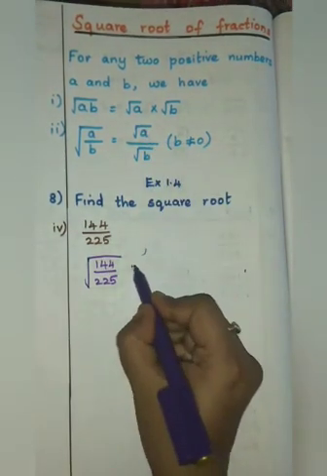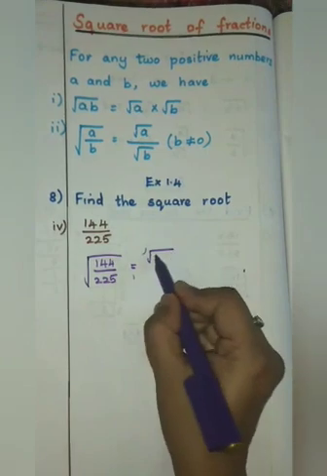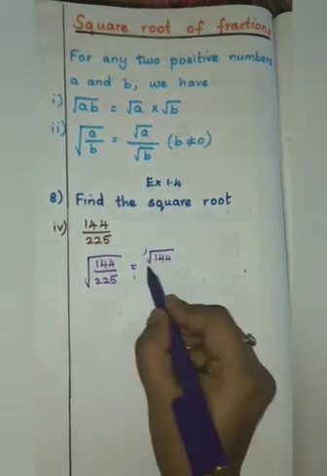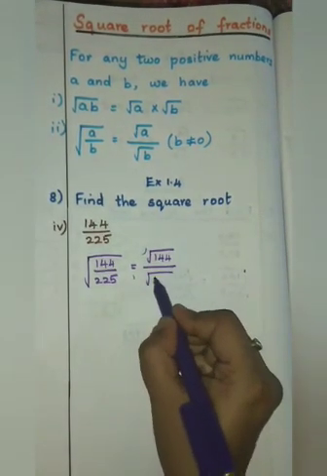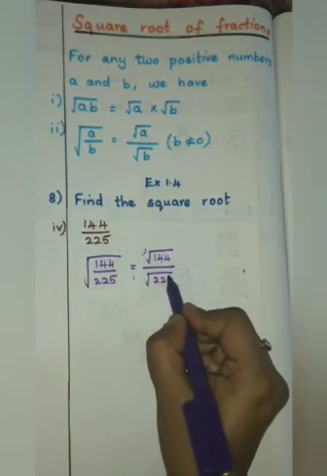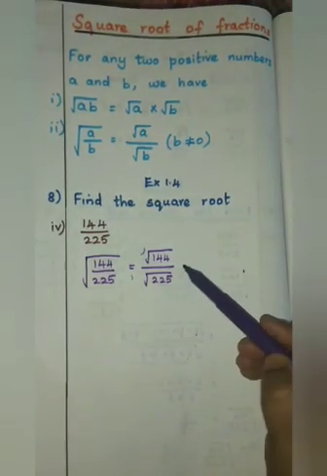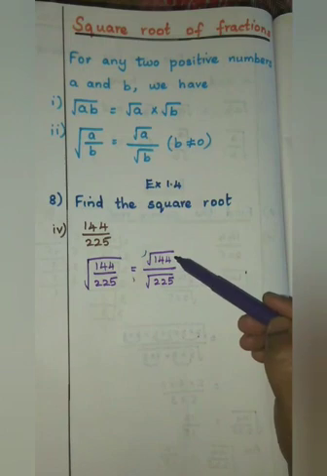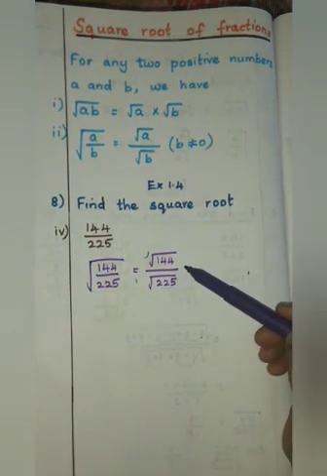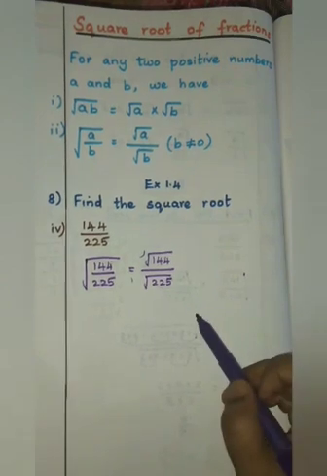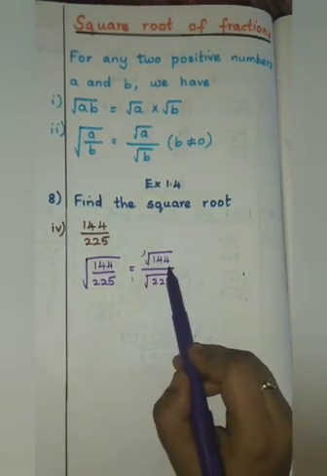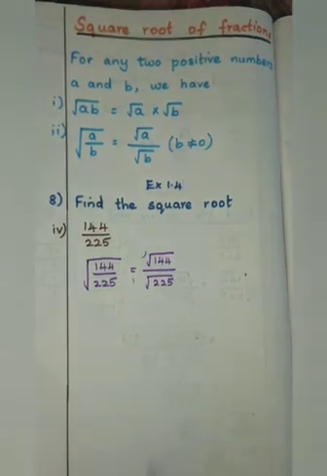This can be written as square root of 144 by square root of 225. Find the square root for both numerator and denominator separately, either by using prime factorization method or by long division method. Since the number is small, I am going to use prime factorization method.